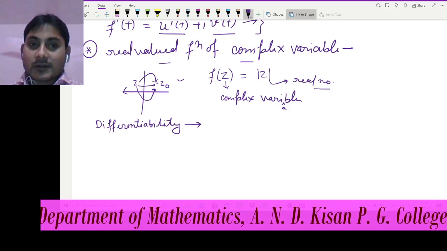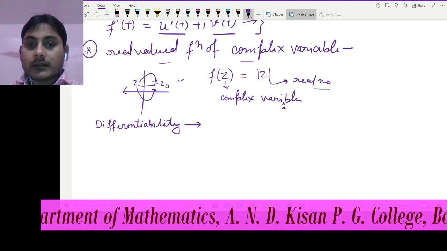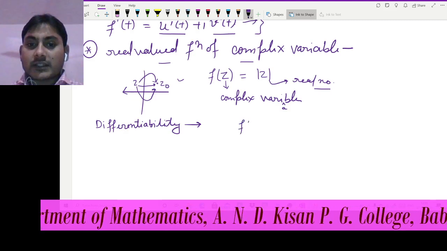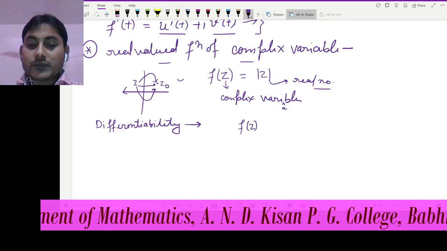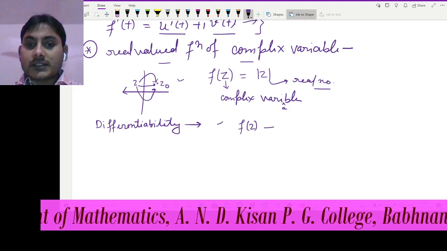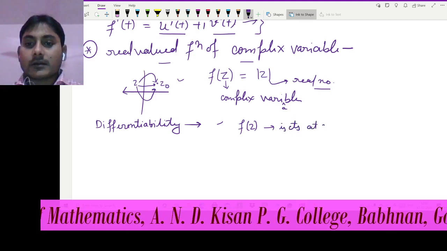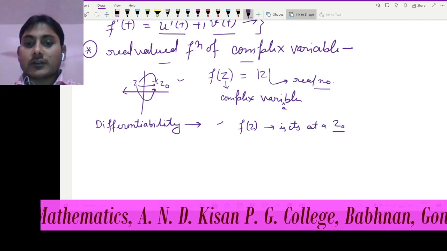Initially I should define continuity. Because your function is a complex function, suppose you want to show that this function is continuous at a point z0.